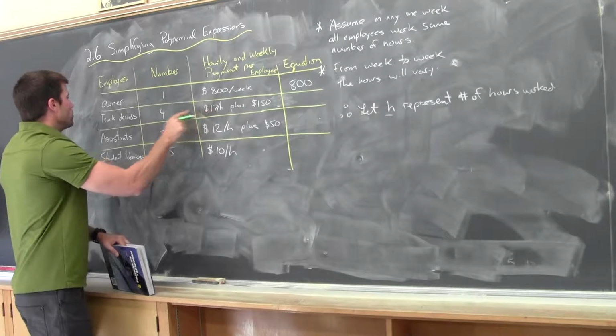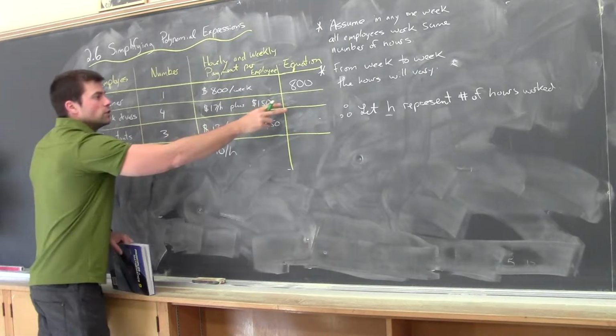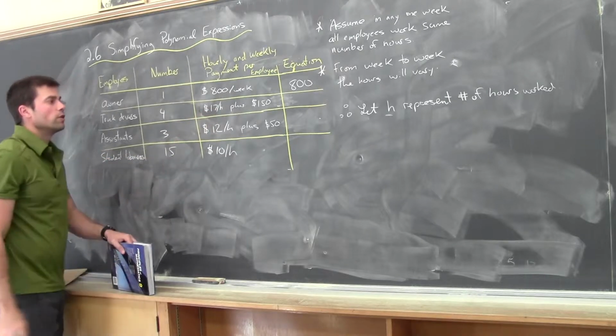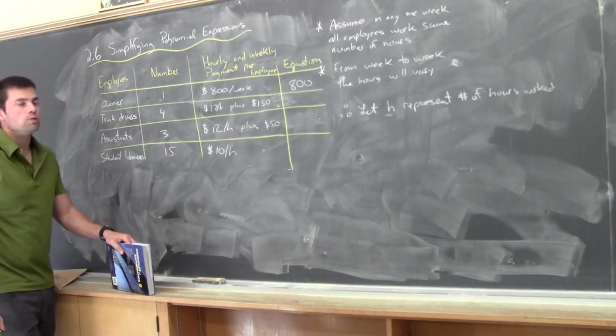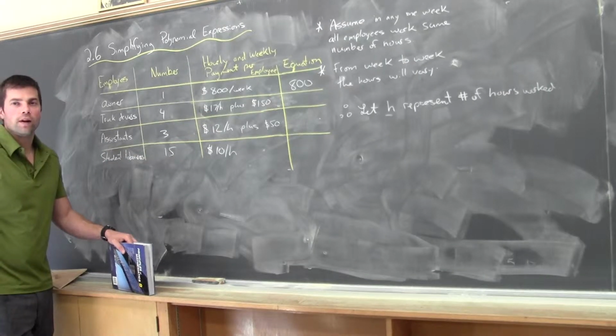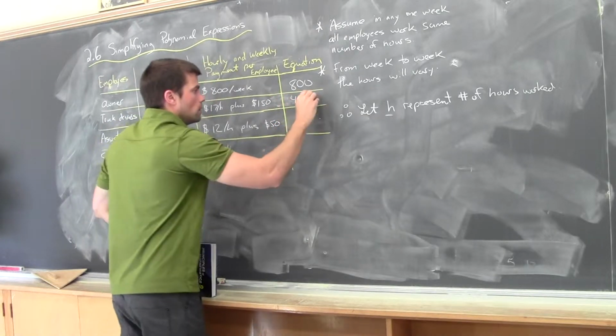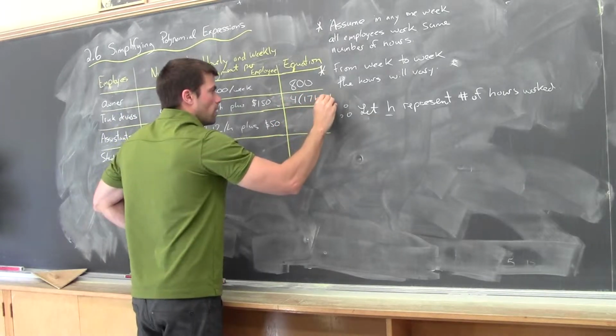So Kevin, if I want to put in an algebraic expression for the truck drivers now, they make $17 an hour plus 150. How would you write that? 4 brackets 17H plus 150. Excellent.